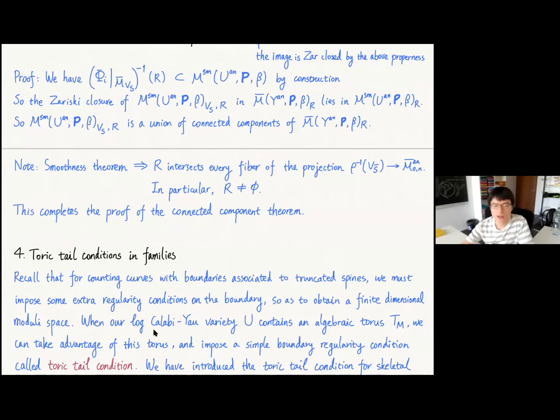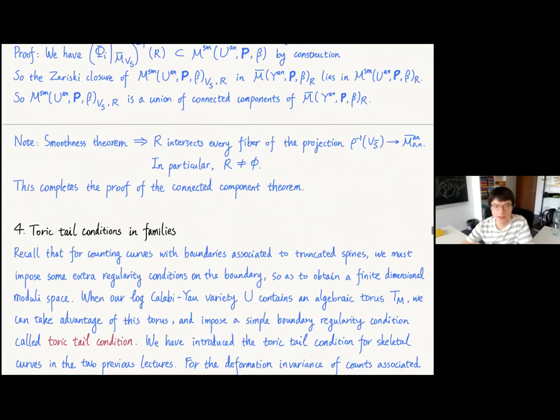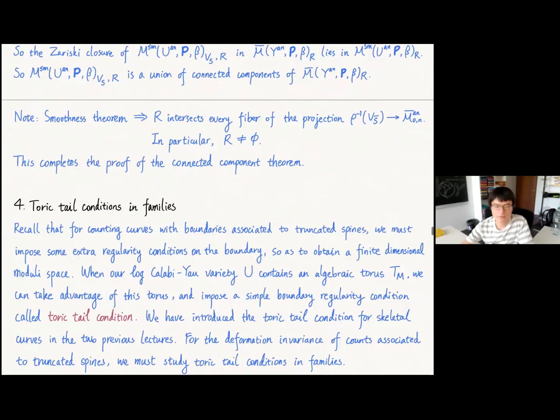When our log Calabi-Yau variety U contains an algebraic torus Tm, we can take advantage of this torus and impose a simple boundary regularity condition called the toric tail condition. We have introduced the toric tail condition for skeletal curves in the 2 previous lectures. For the deformation invariance of counts associated to truncated spines, we must study toric conditions in families.